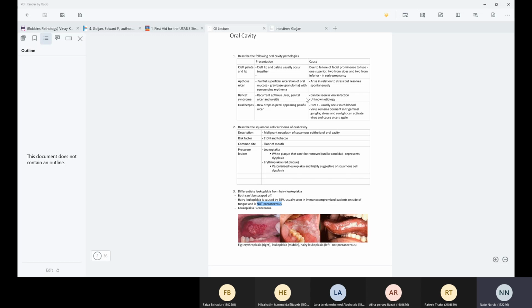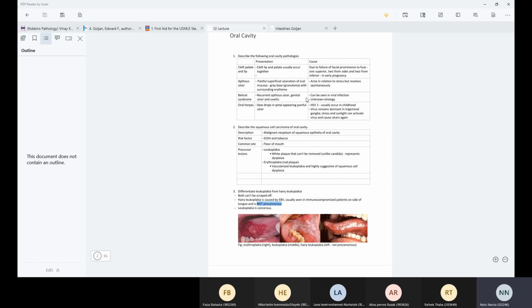And an aphthous ulcer usually is solitary, one aphthous ulcer. It is related to stress and resolves spontaneously. But there is one condition where you have aphthous ulcers along with other conditions as well. You should have, for example, recurrent aphthous ulcers, genital ulcers, and uveitis, okay, visual disturbances.